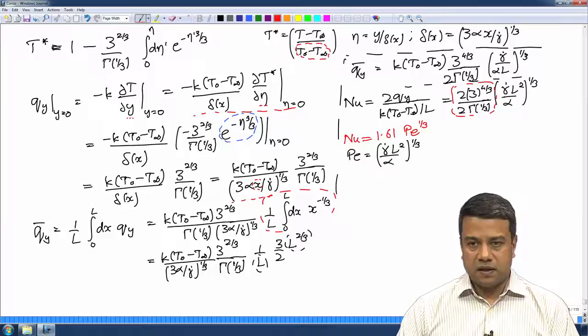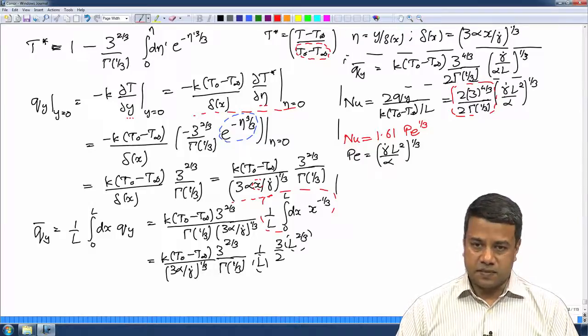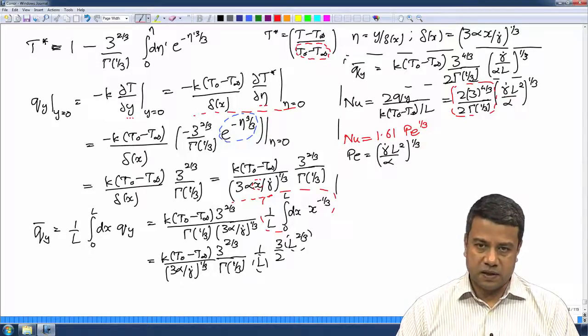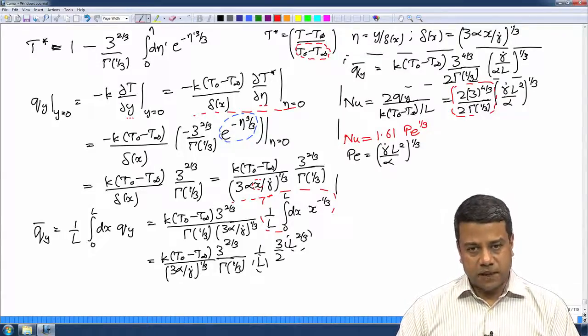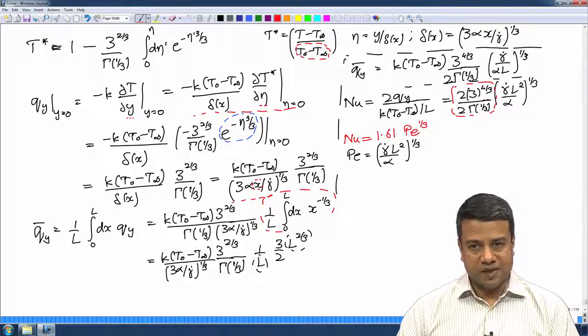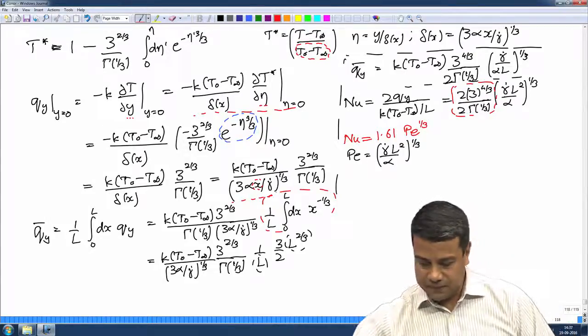So, because of that, the left side is Peclet number times delta. The right side has two derivatives with respect to y. That means it goes as 1 over delta squared. So, therefore, if Peclet number times delta is proportional to 1 by delta squared, then the boundary layer thickness has to go as Peclet number to the minus 1/3 power. So, that is the basic reasoning.